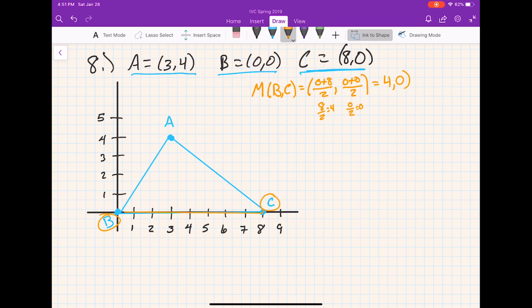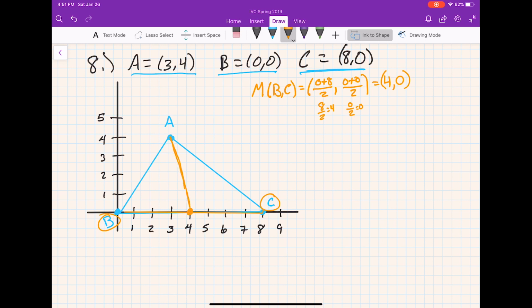So that's our other part of the coordinate pair: 4, 0. We could have seen that on the number line, we know that would be the midpoint. That's why I selected this line. You could have done it with any one of the lines, but this one seemed the easiest to me.